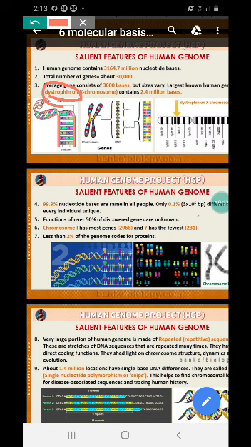Okay, right. And there are many bases on the chromosome, and the functions of over 50% of the discovered genes are unknown. They have no function at all. They are simply present. How did we get this? From where did we get this? Yeah, we got this from our parents.